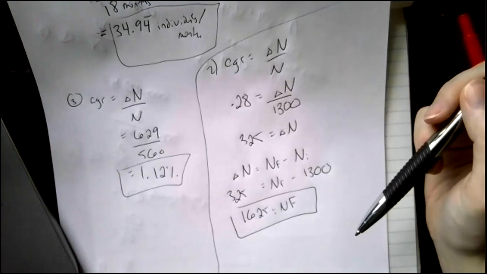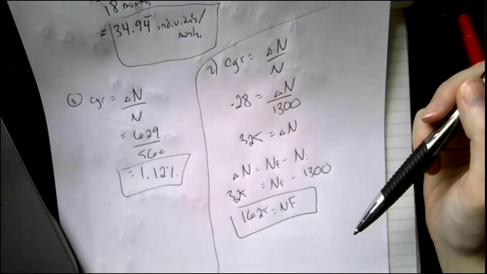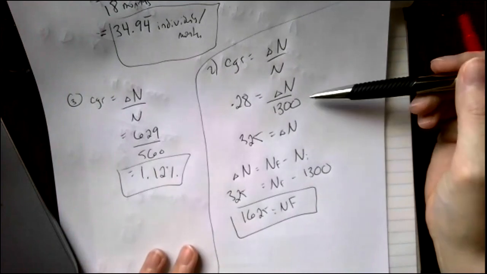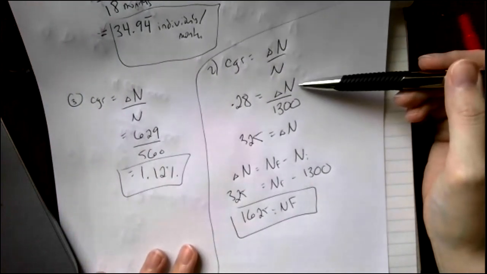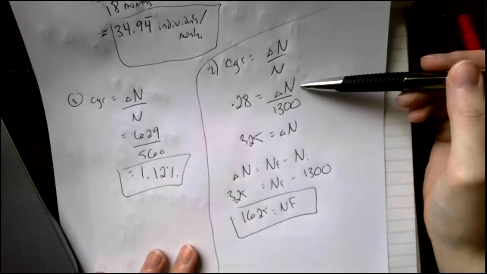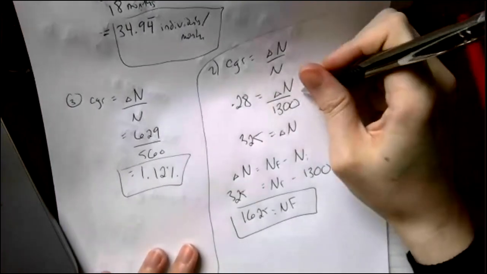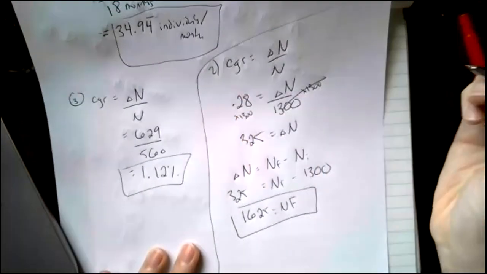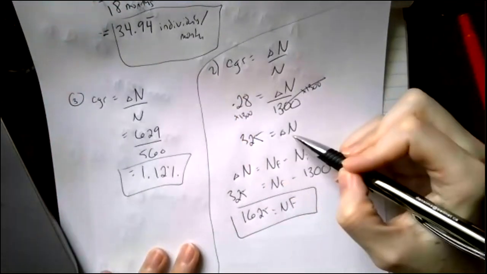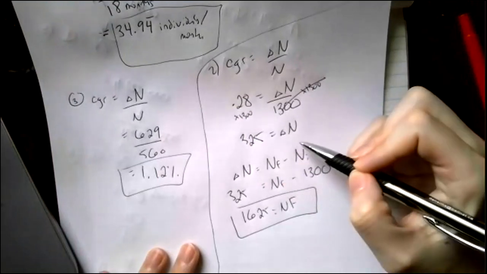And then it tells us that our population in 2010 was 1,300. So that is our initial population. And then we're going to find our change in population, our delta N. And I do that just by multiplying by 1,300. And that gives me 325 is my delta N.